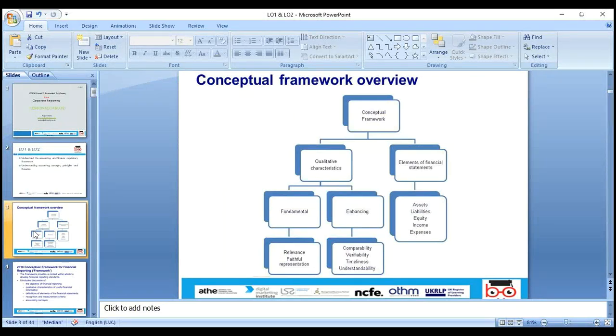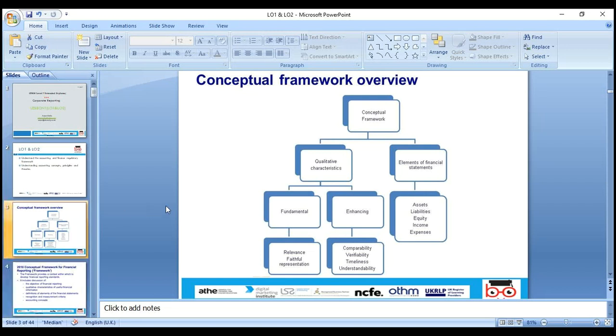Just a brief overview of the conceptual framework: it covers all the rules and regulations behind, and all the ethics, both qualitative and quantitative concepts behind this, and how we can make the accounting profession more trustable and increase its validity. People are supposed to provide a true and fair view of the financial statements, so investors, users and stakeholders can make effective decisions based on the financial information.